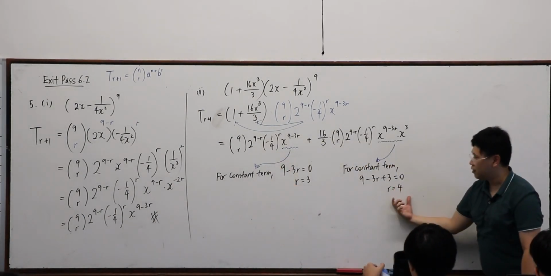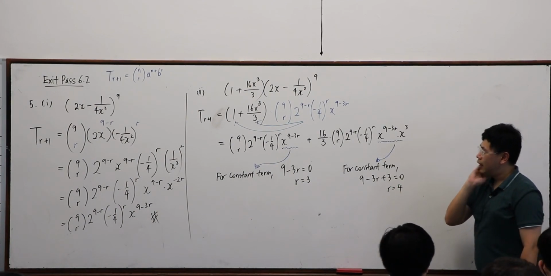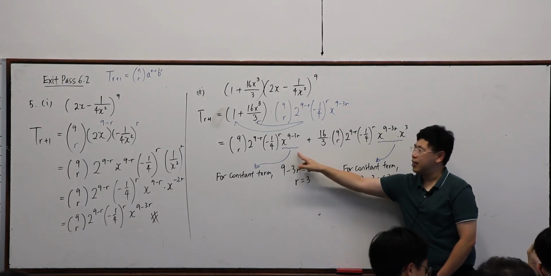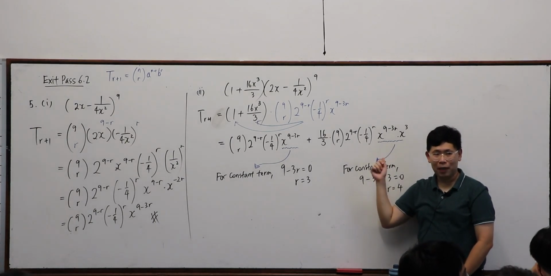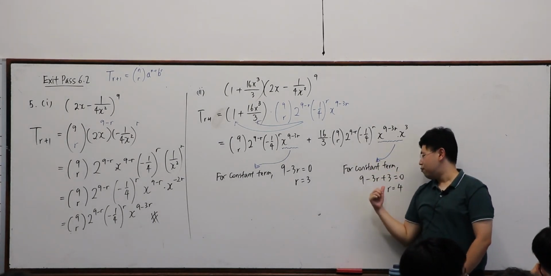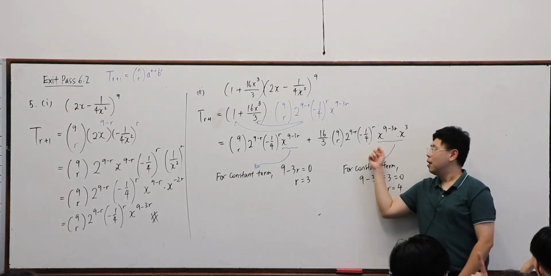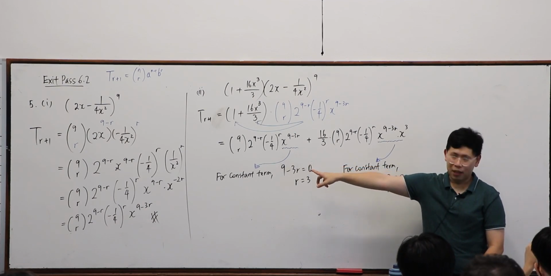For this thing to be a constant term, r equals 4. But the problem is when r equals 3, this is the constant term, but there's an x term over here. And if r equals 4, this thing will be a constant term, but there's going to be an x term over there. You get what I mean?